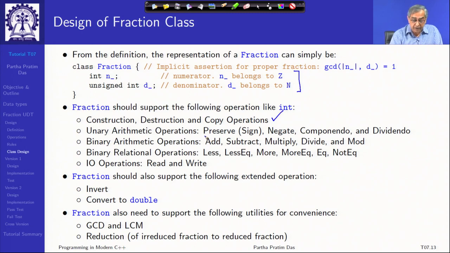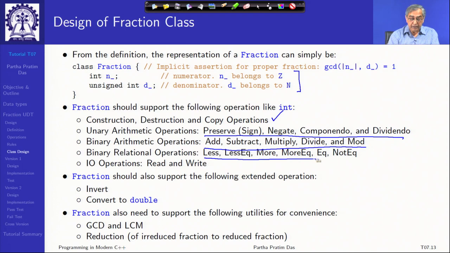We can have different unary arithmetic operations, like taking the negative of a fraction, doing a componendo, that is adding 1, subtracting 1. We can do binary operations of add, subtract, all that. We can do Boolean relational operations, that is comparing two fractions, less, less equal to, and so on.